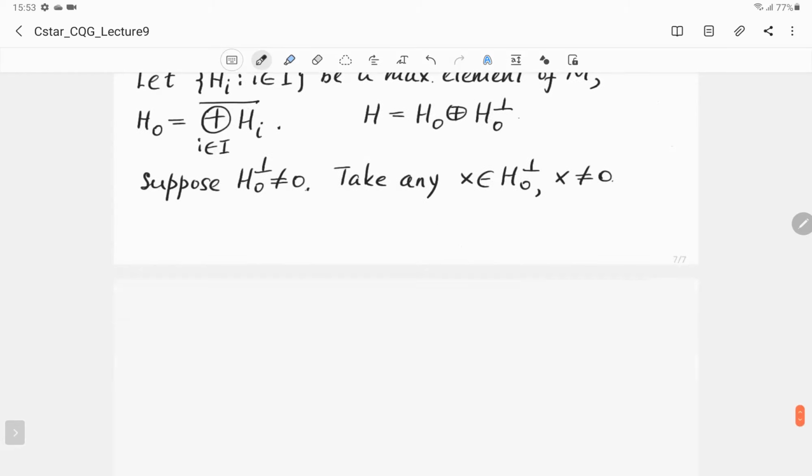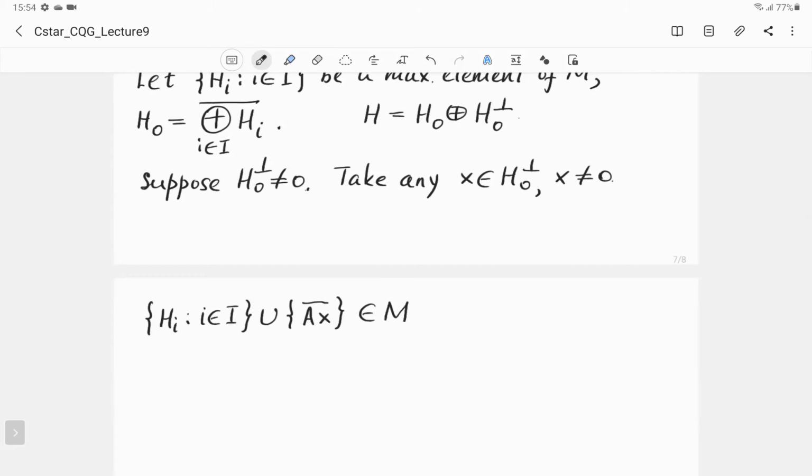And let's do the following. Let's take our maximal family, HI, and we add only one element to this family, namely the cyclic submodule generated by x. So I claim that this resulting family is still an element of M. Well, indeed, x sits in the orthogonal complement of H0.